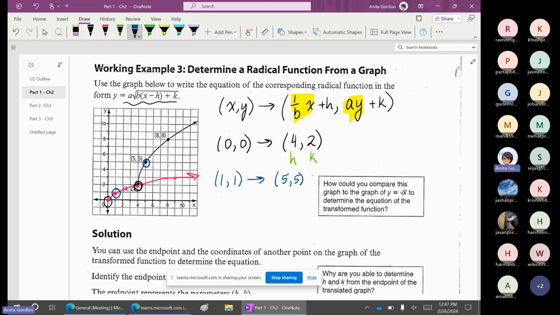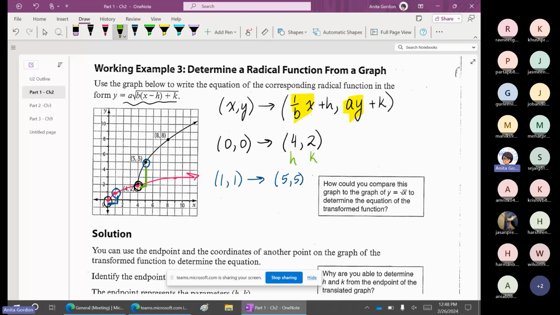We said, okay, from (0, 0) to (1, 1), it was 1 and 1 for the height and the width. For my transformed, the width is 1 and the height is now 3. So I could say this is a vertical expansion by 3. But I don't know for sure that that is the point. But let's just pretend for now that it is.